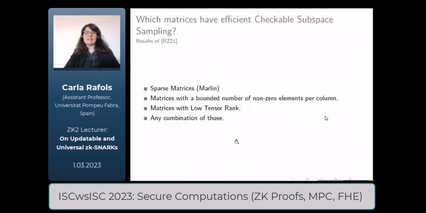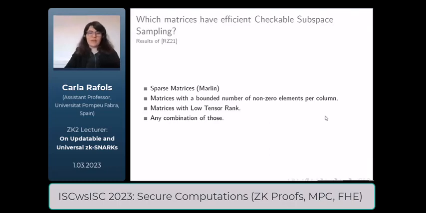But we were interested in seeing all kinds of matrices and how efficiently we can do it, okay? And so we found out, for instance, that we can do very efficient CSS for matrices with a bounded number of non-zero elements per column, which in terms of the circuit means circuits of bounded fan-out, okay?